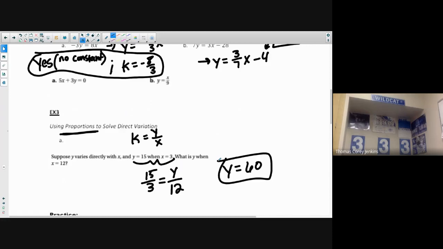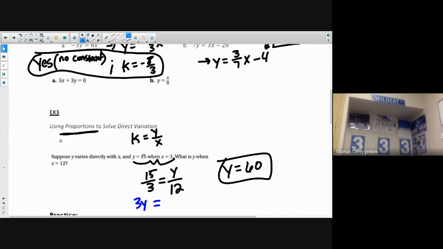Or if you don't see that, remember that you can always use cross products. So you can use cross products to get the equation 3y equals whatever 15 times 12 is. Sorry, I did that. Let's see. I think that says 15. On my notes, it says -15. So on the filled out notes, this is going to be a little bit different.